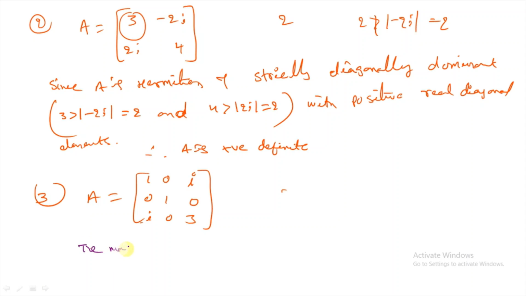The matrix A is Hermitian, but not diagonally dominated.